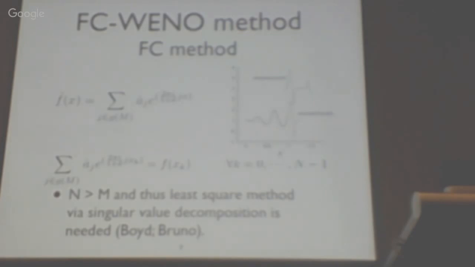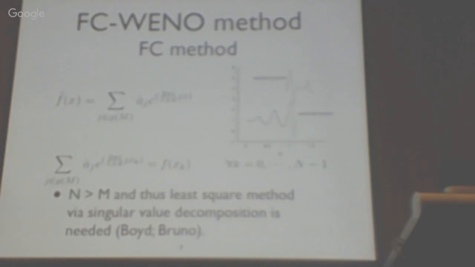Let's say you have a function that is smooth, but not periodic. The solid curve that we see here is defined from 0 to 1 and is not periodic. If you use just the Fourier method, what do you get? You get an oscillation, a Gibbs phenomenon, because of the discontinuity.